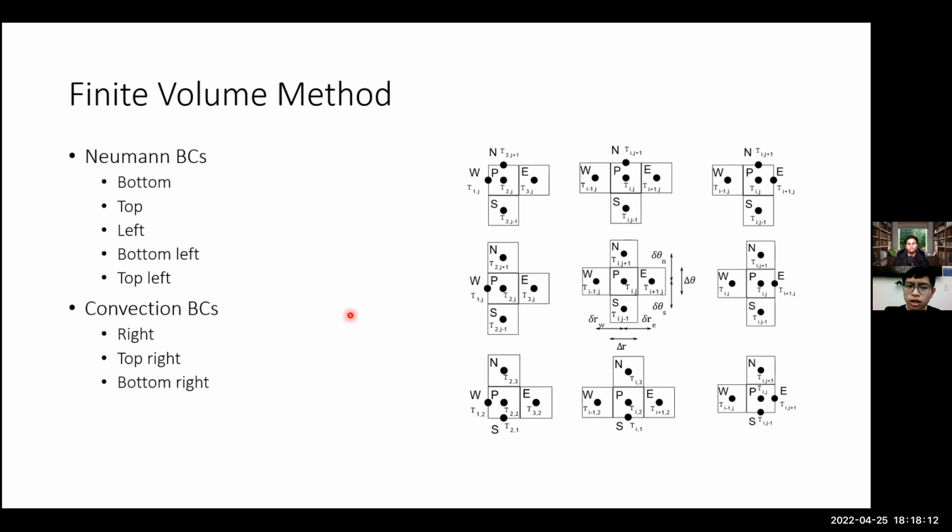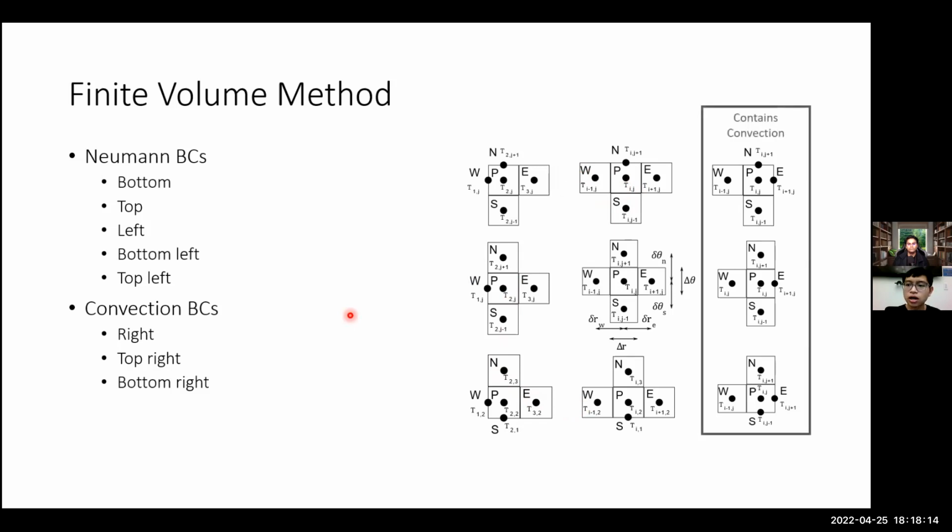The convection boundary condition can also be applied for all the boundary cells on the right of the domain, and you can see it from this figure. After all the governing equations are derived, they can be placed into the A matrix and the problem can be solved using an implicit method.